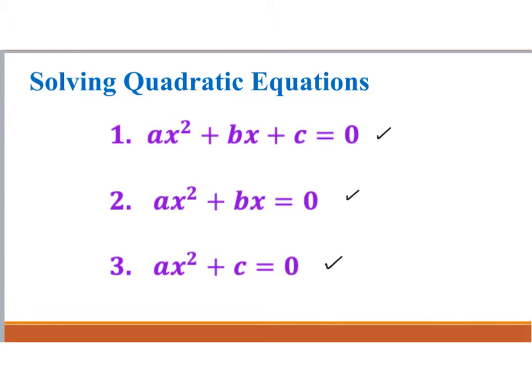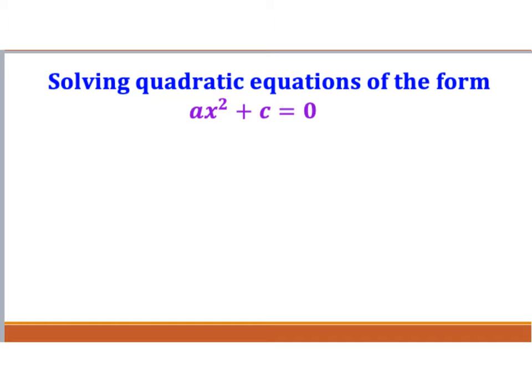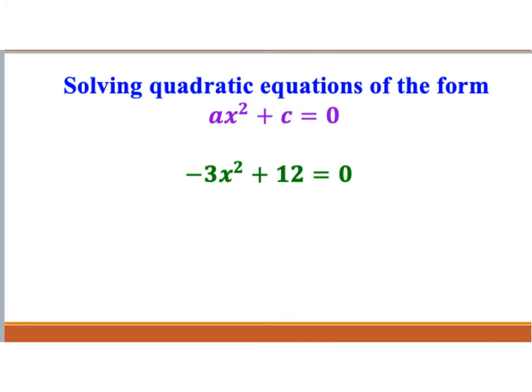So in other words, you only have the term that has an x squared and the constant term. An example of this kind of equation is negative 3x squared plus 12 equals 0. And in this case, your a is just negative 3 and c is just positive 12.